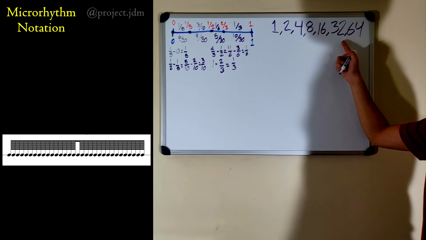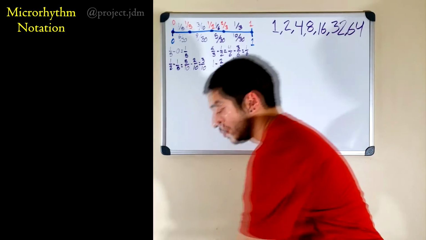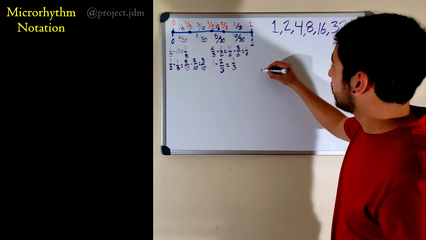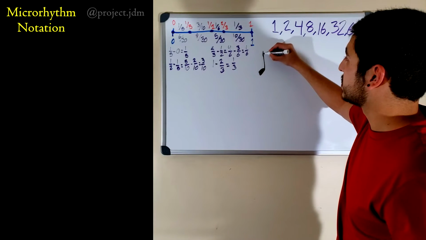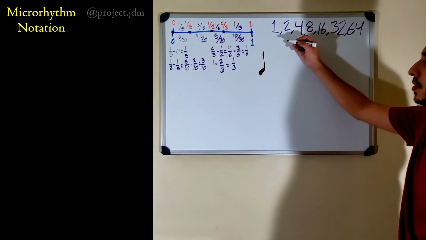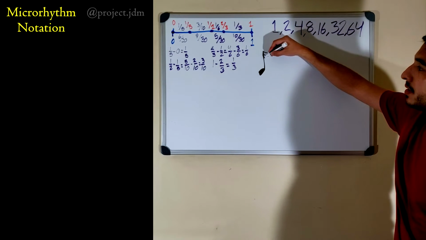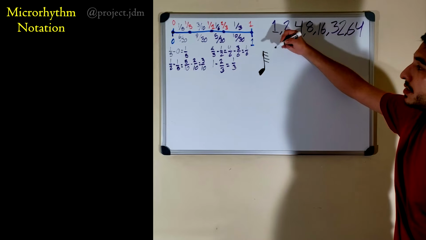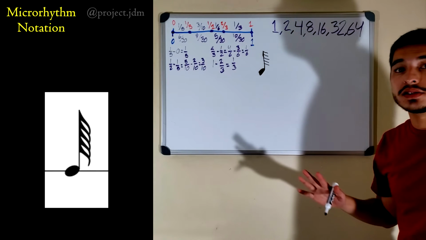So this guy is a 128th note. So that's what we're going to start with. We'll write a 128th note. So this is a quarter note. That means that this is an eighth, 16th, 32nd, 64th note, 128th note, 5 tails.